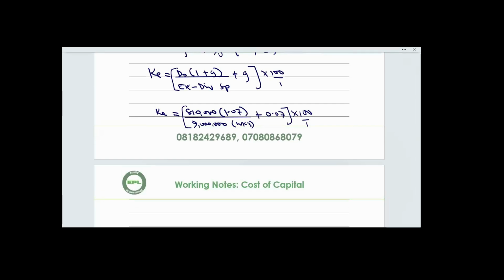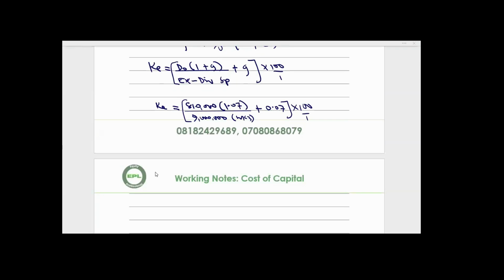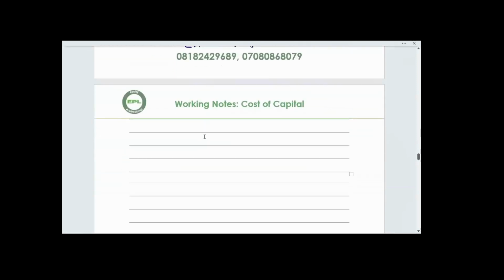Let's bring out the calculator. 810,000 multiplied by 1.07, divided by 9 million, plus 0.07, multiplied by 100, equals 16.63%. So cost of equity is 16.63%.